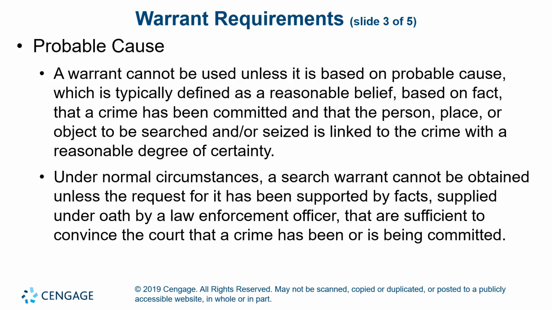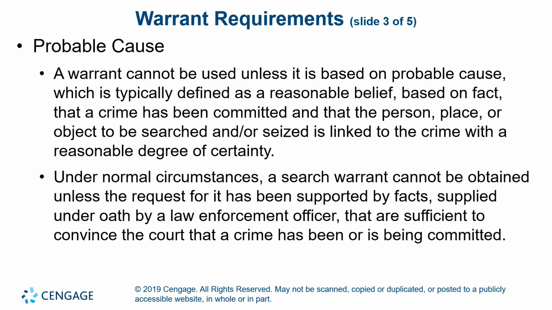Now, under normal circumstances, a search warrant cannot be obtained unless the request for it has been supported by facts, supplied under oath by the officer, stating that there are sufficient grounds, if you will, to convince the court that a crime has been or is being committed at a certain location.